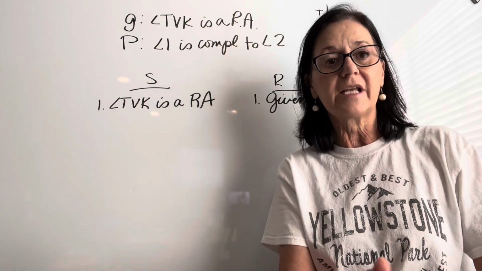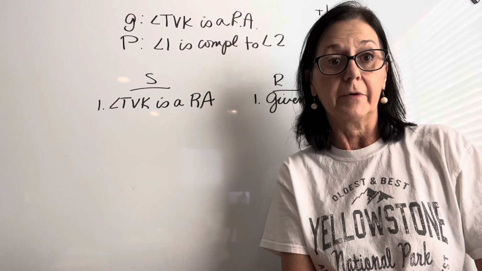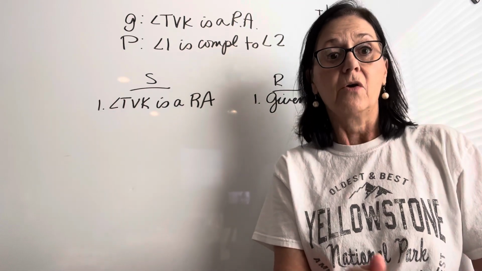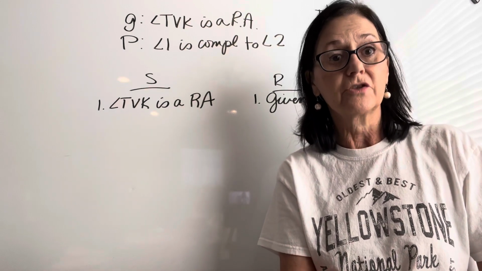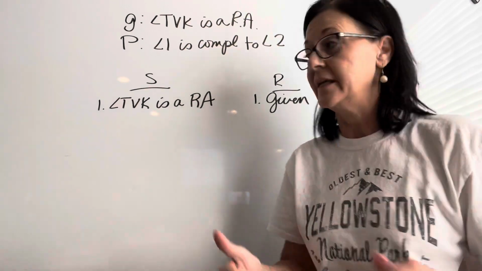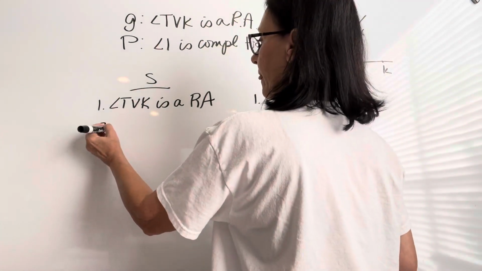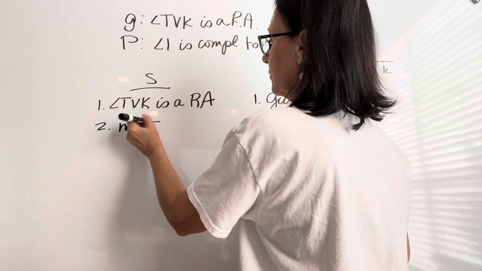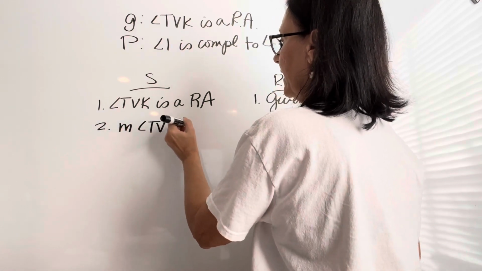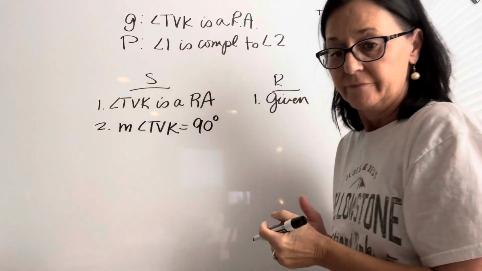I can't just say the sum of complementary angles is a right angle. So I know that every right angle measures 90 degrees. So I'm going to say that about TVK. The measure of angle TVK is 90 degrees.